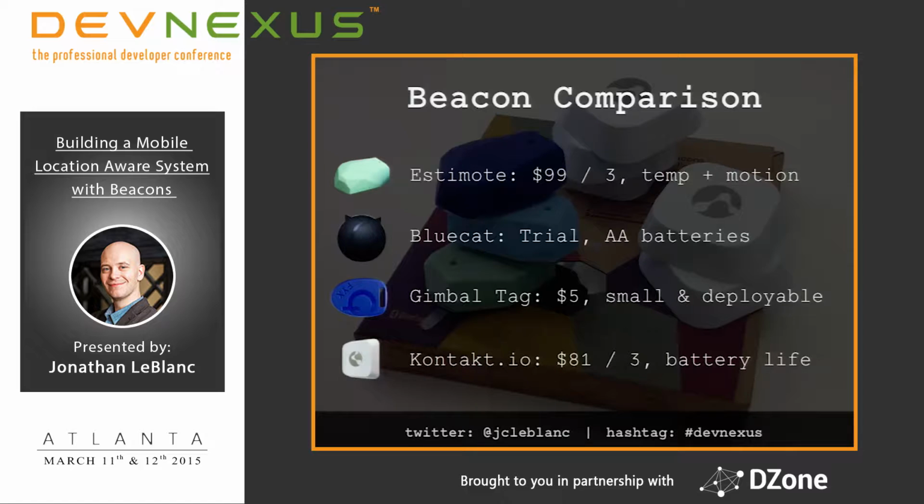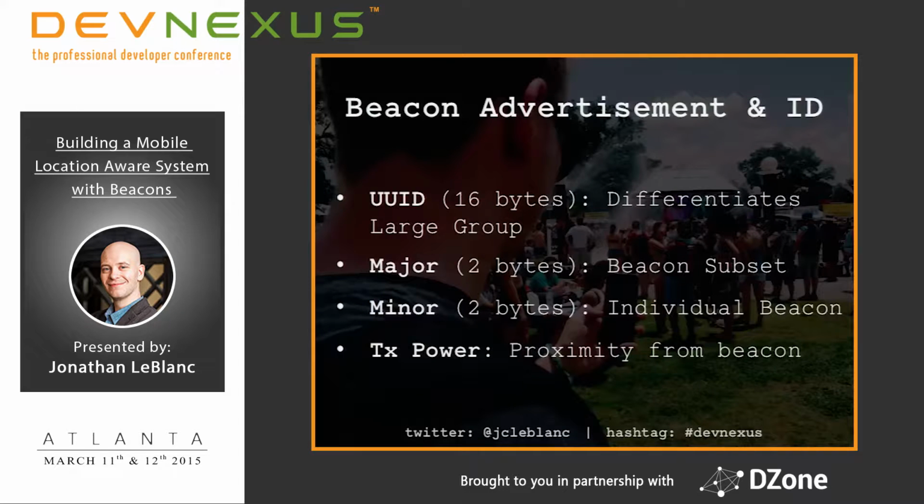So when we're talking about the beacon advertisement, every so often, it might be 100 milliseconds, it might be every 2 seconds, when a beacon advertises out, what does it send? Well, there are a couple of pieces of information that it's going to send out at bare minimum, based on the iBeacon specification.